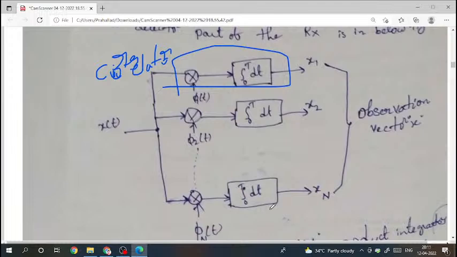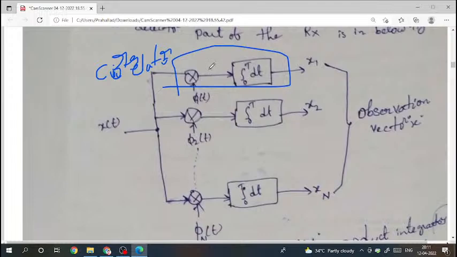The detector consists of a bank of m product integrators, commonly called correlators, supplied with a corresponding set of coherent reference signals, or orthogonal basis functions pi 1 of t, pi 2 of t, and so on up to pi n of t, that are locally generated.